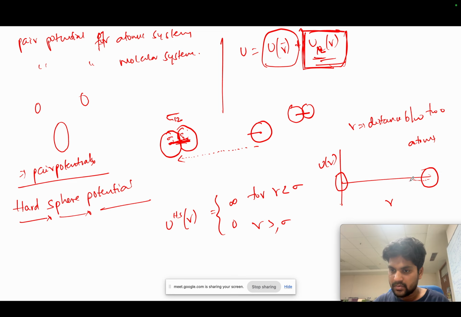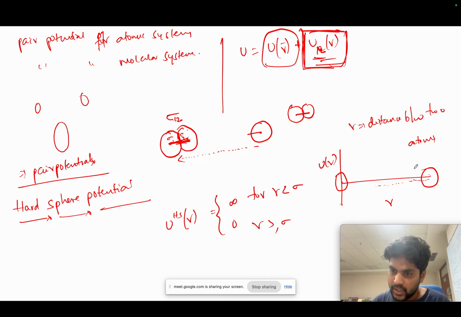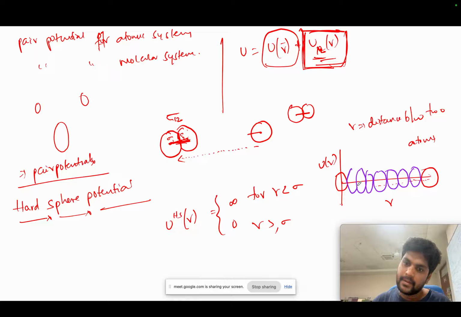So the molecule is moving from here, it moved to here, then to here, then to here. Just assume like this. So the molecule is moving.